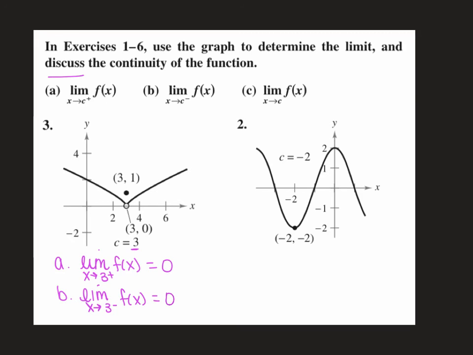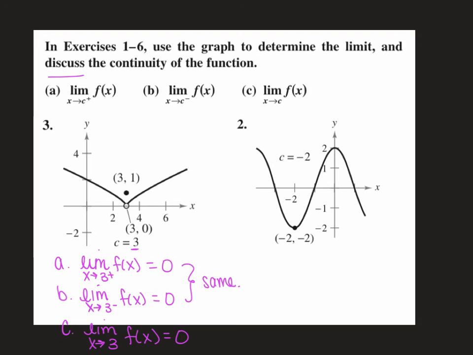So that means if both of those are equal, the limit of f of x as x approaches 3 also equals 0, because these are the same. So far that's good. We do have a limit. Now we also have a point, right? And we talked about that whole idea of continuity is that we have to have a point and we have to have a limit, and they need to be the same.